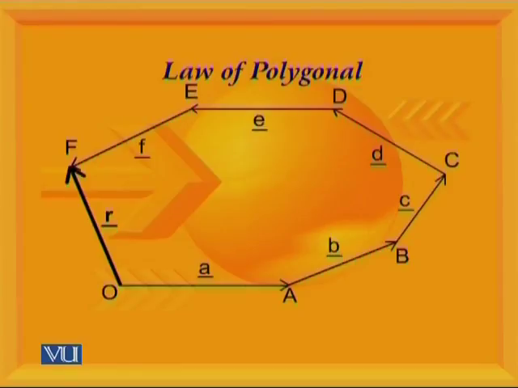These are the vectors A, B, C, D, E, F. These are in the same directions along these sides, and the resultant vector will be along the opposite side, in the opposite direction, along the side O to F. So these are the laws of how we add these vectors.